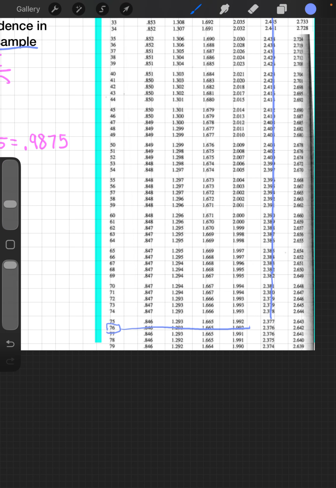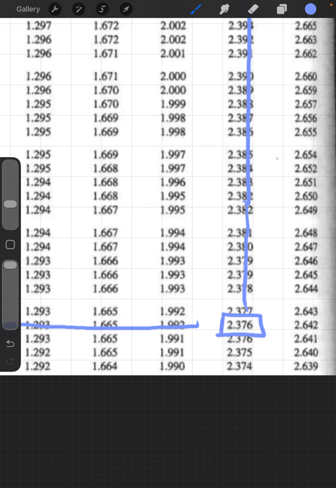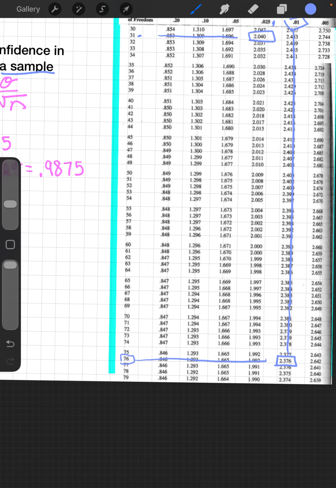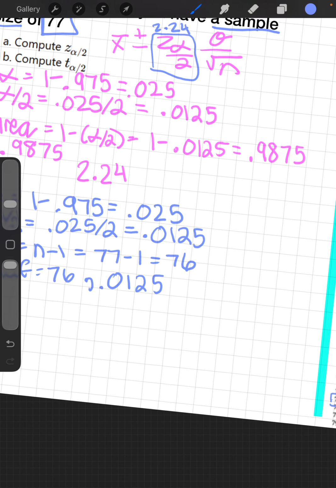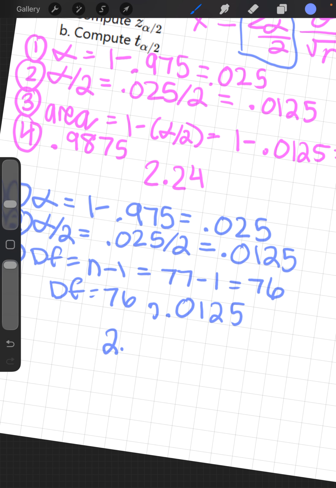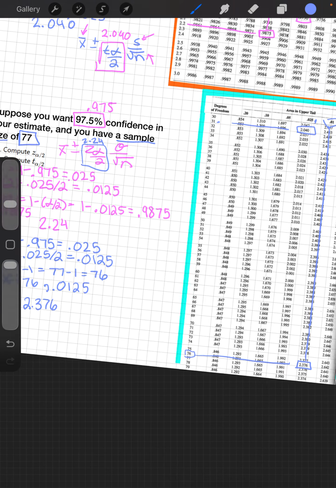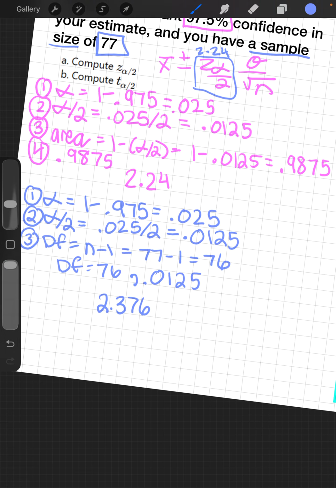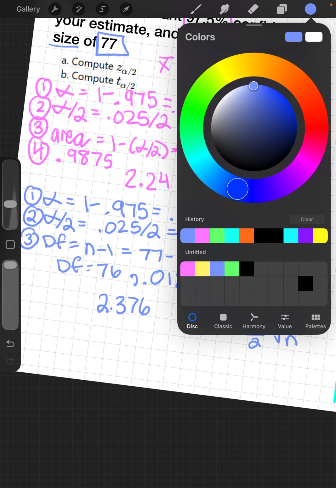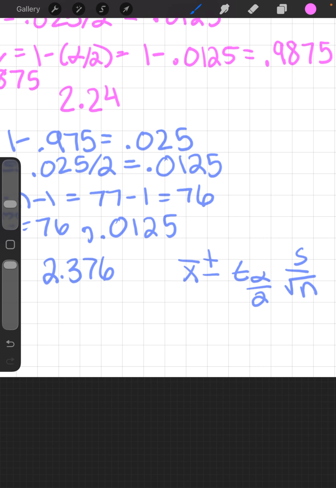But for your test, it would be from the chart. I just didn't make one like that. So 2.376. Let's see. Yeah. But don't worry, for your homework and tests it will be done correctly.